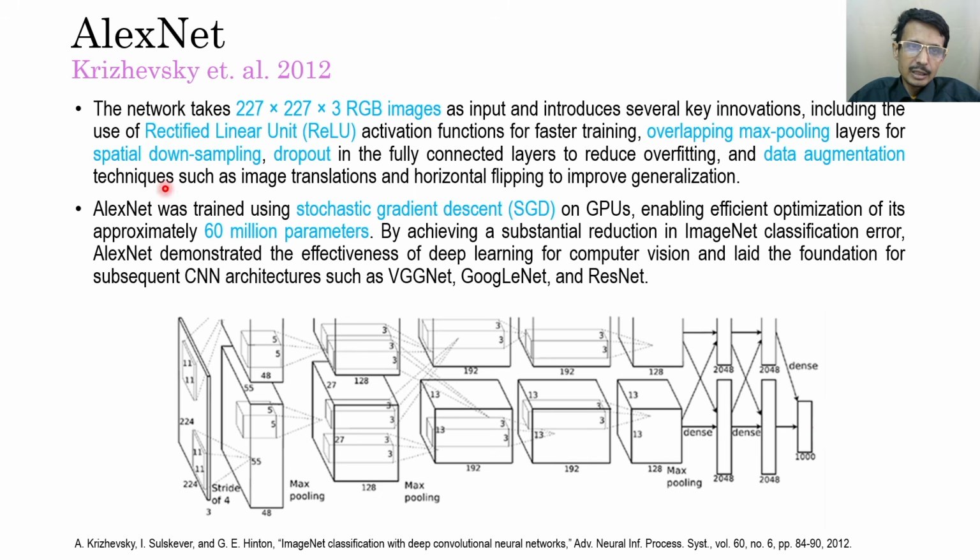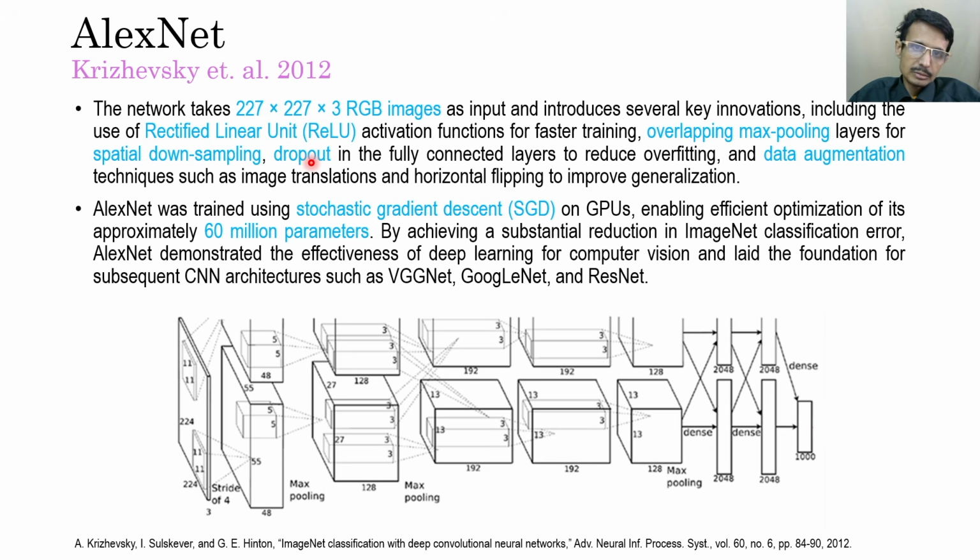First up, ReLU, that means rectified linear unit, has been used in place of sigmoid or tanh for faster training, because this is faster, and it's somewhat helpful for handling the vanishing gradient problem. Then overlapping max pooling layers for spatial downsampling have also been introduced here.